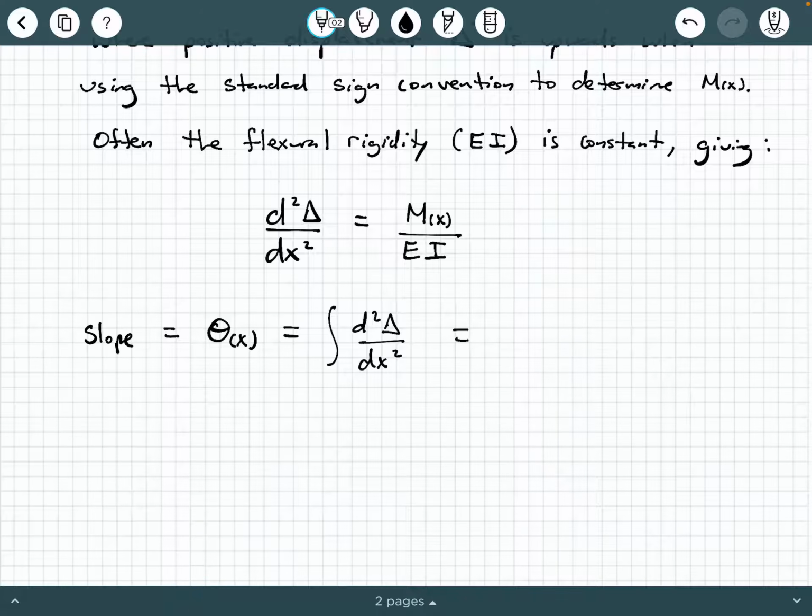And if we substitute this term in here, we're going to write that as the single integral of M as a function of x over EI with respect to x. Now, when EI is constant, we can pull that out of the integral.